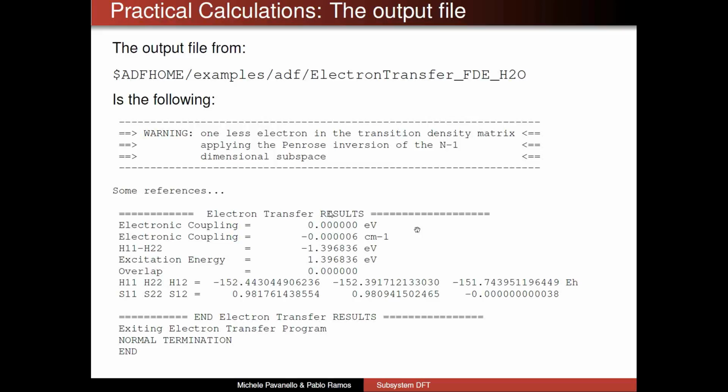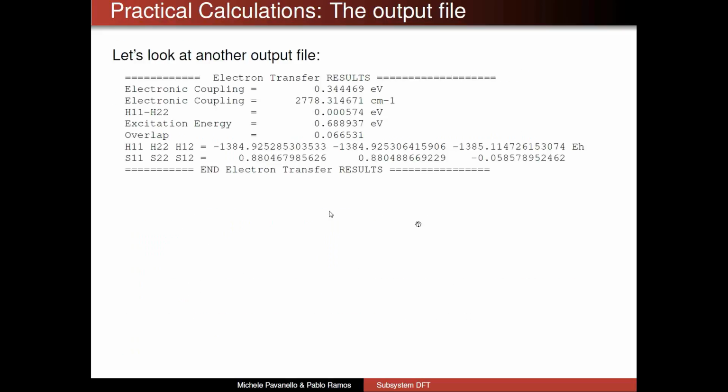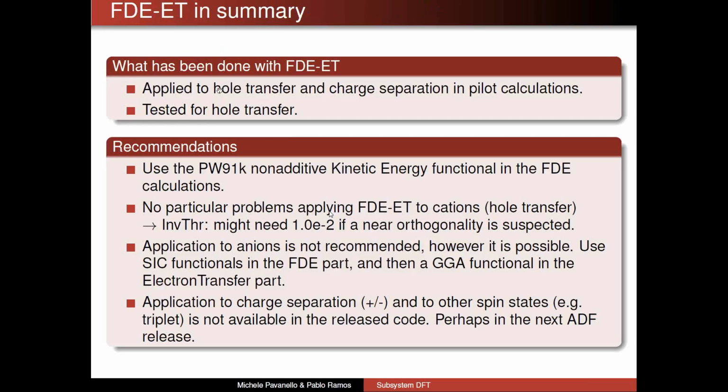Okay, so I might as well conclude and tell you that we so far have coded this FDET in my group. We are still coding and adding, making it better, making it faster, and trying to add functionalities to it. And Johannes Neugebauer's group also is actively working on it, looking at including as many spin states as possible.